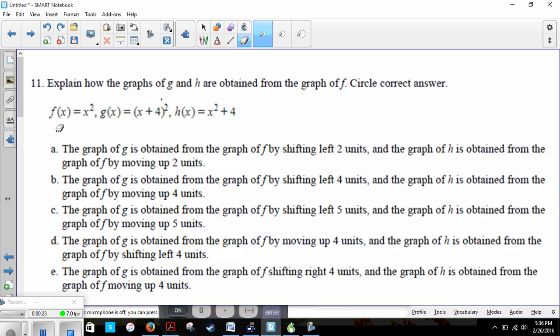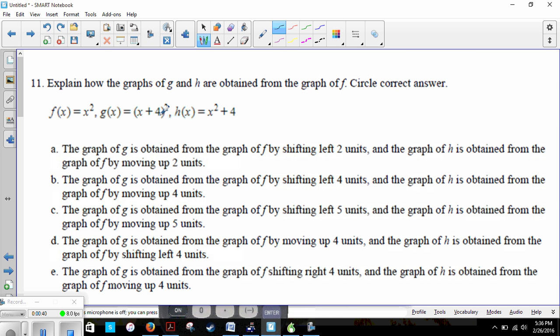11 says f of x equals x squared, g of x is equal to x plus 4, that quantity squared, and h of x is equal to x squared plus 4. How do you get the graphs of g and h from f?